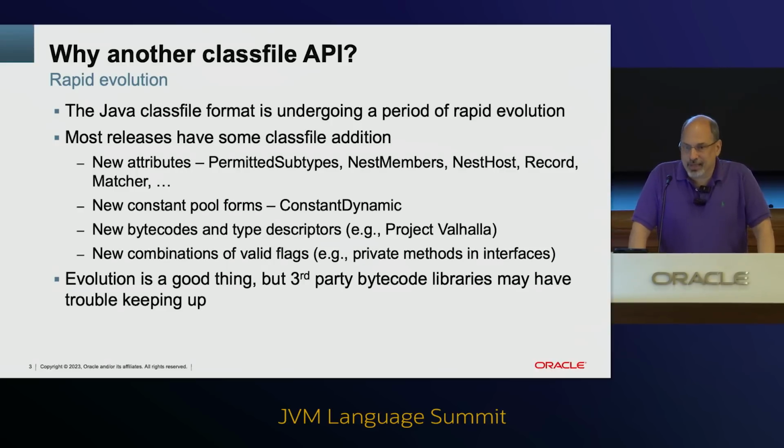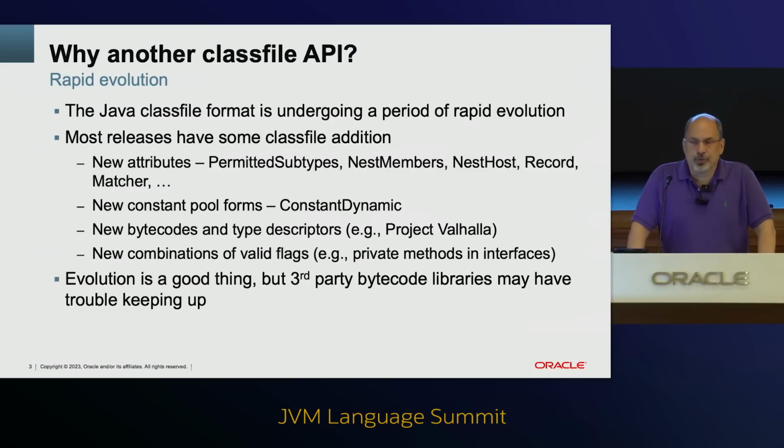Well, one of the things that's interesting about this particular time in history for the JDK is the class file format is evolving quite rapidly. So in the early days, it was fairly stable over quite a large number of versions. But especially since we've gone to the more rapid cadence, more than half of the releases have some impact on the class file format, either new attributes to support features like records or sealed types, or new constant pool forms like constant dynamic, or Valhalla will be bringing us new bytecodes and potentially new type descriptor strings.